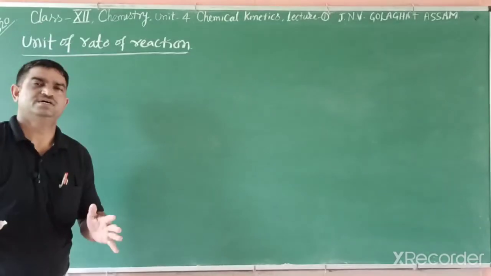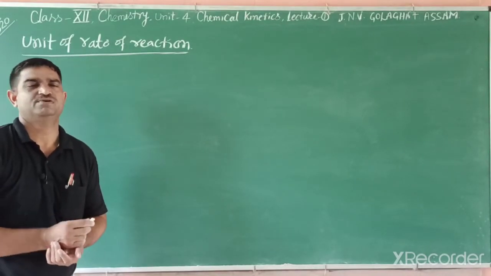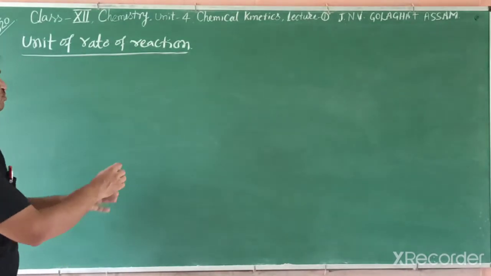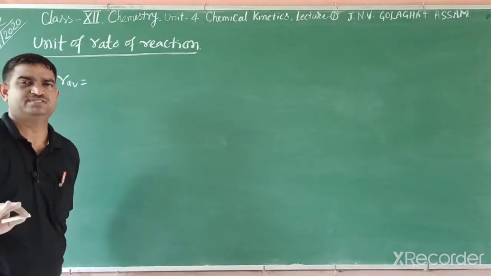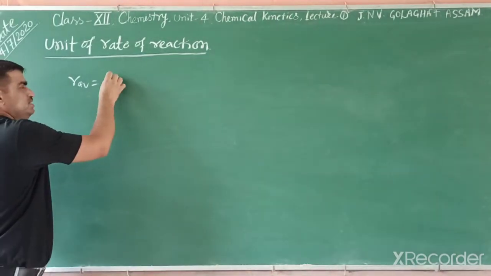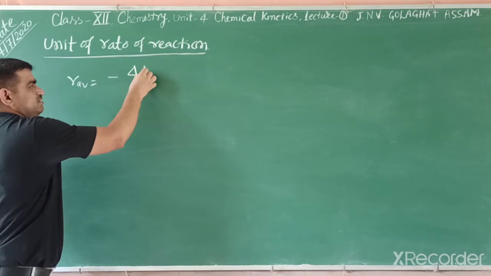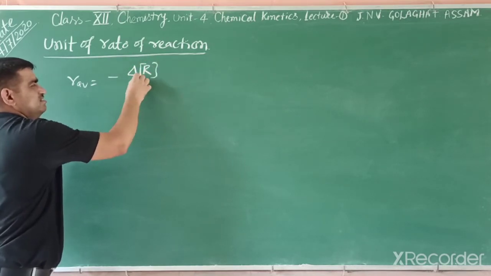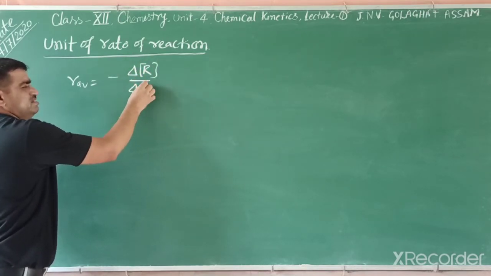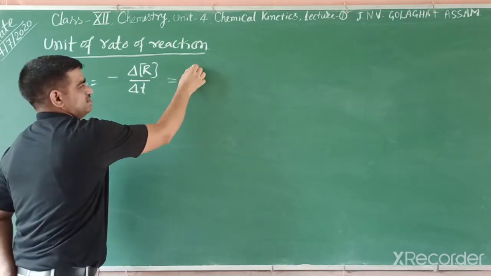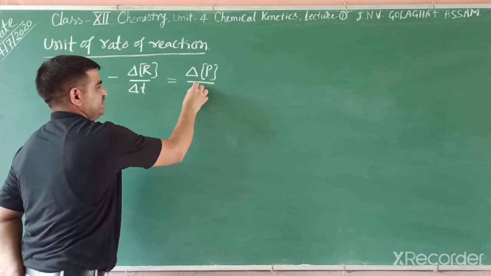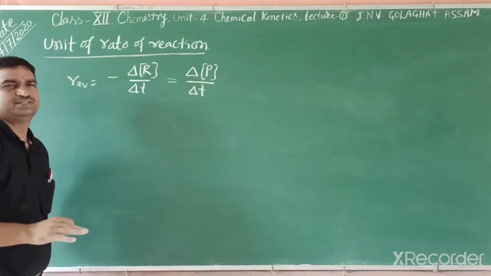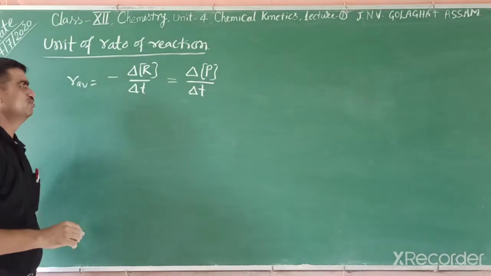Students, what is the unit of rate of reaction? How can we identify the unit? So you know, rate of reaction is equal to the change in concentration of any substance by time interval. We can say the change in concentration of reactant divided by time interval, or we can write the change in concentration of product divided by delta T. The square bracket indicates concentration in molarity, means mole per liter.